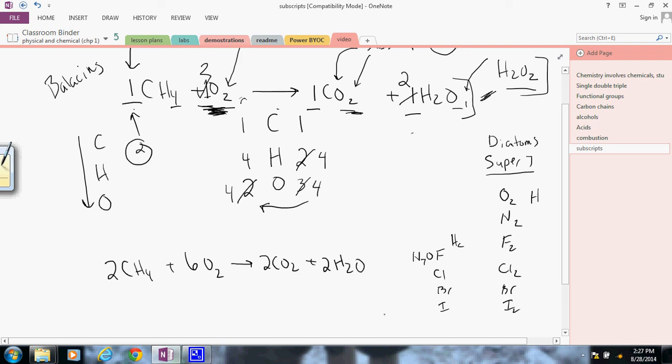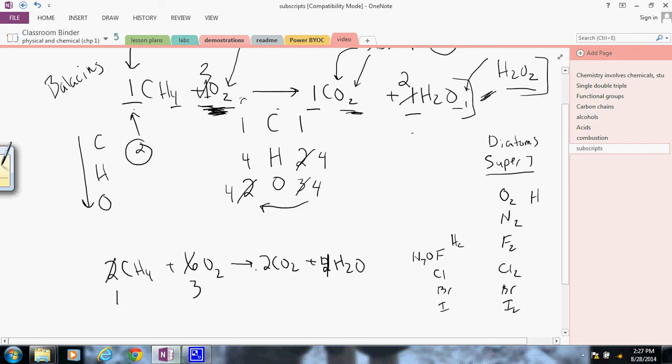But technically, at this point, anytime you see coefficients that can be reduced, we reduce them. Oh, I'm sorry, I misread that. That is a 2 right there. 2 times 2 is 4.